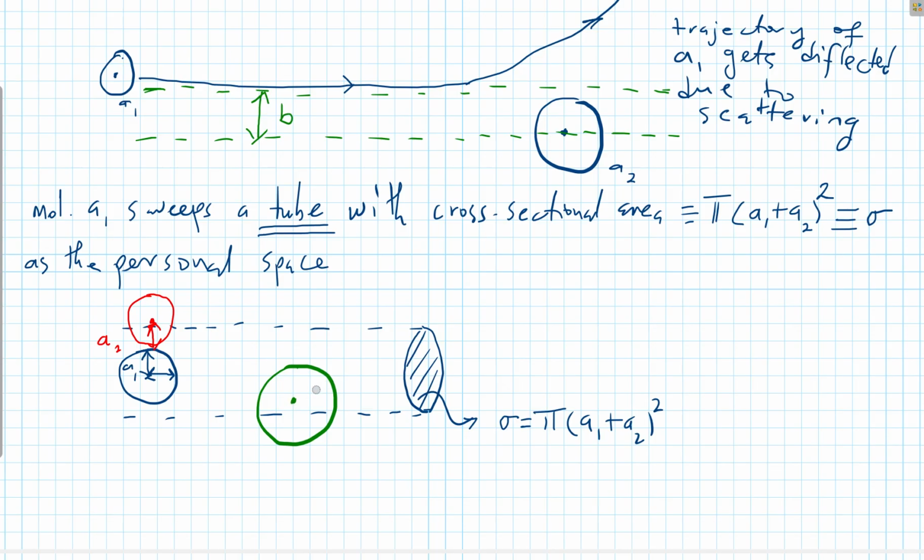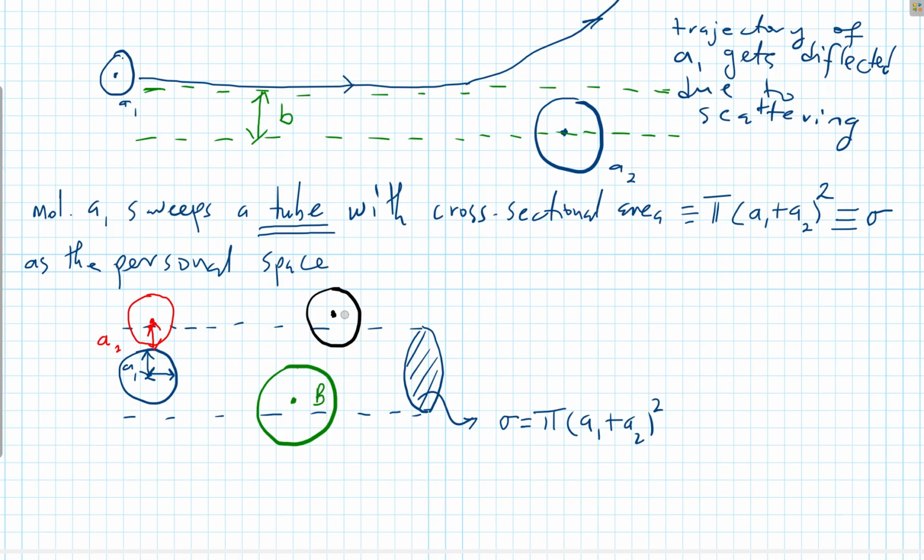Let's say this is molecule B. And let's consider another molecule this time around. Let me use black. Let's say the center of this other molecule is outside the personal space of molecule A1.